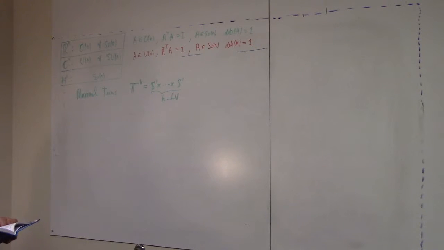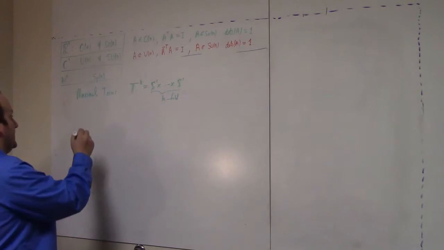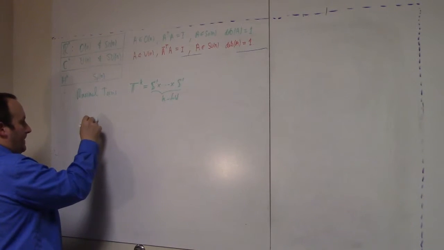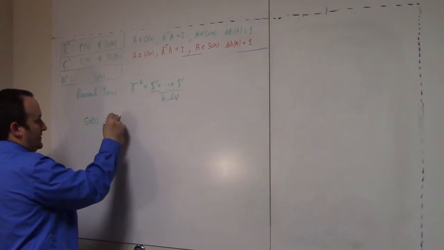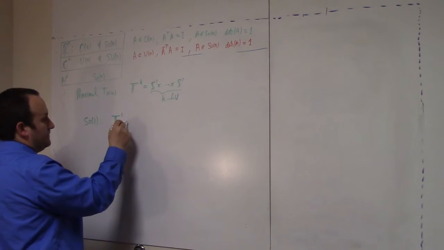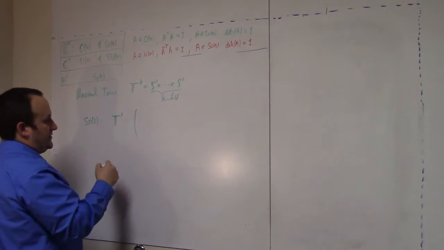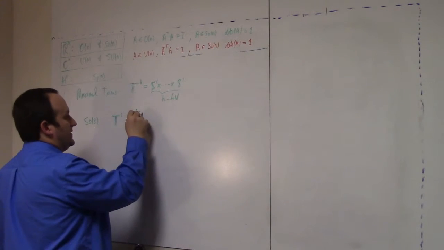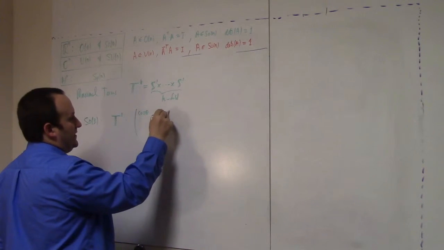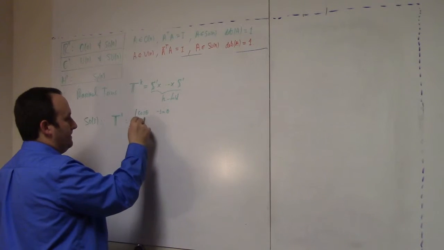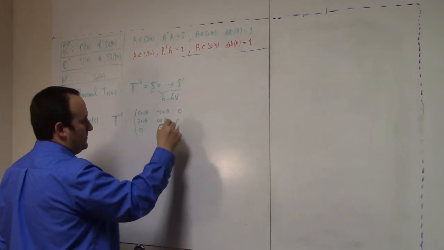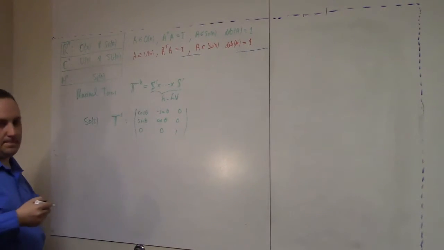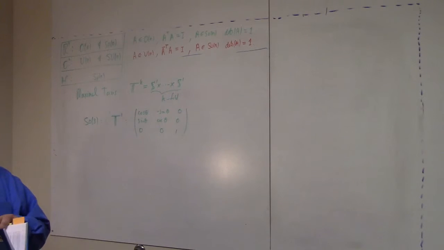To start with, he claims that if you look at SO3, the maximal torus in SO3 is something he calls T1. It's the matrices cosine theta, sine theta, 0; minus sine theta, cosine theta, 0; 0, 0, 1.